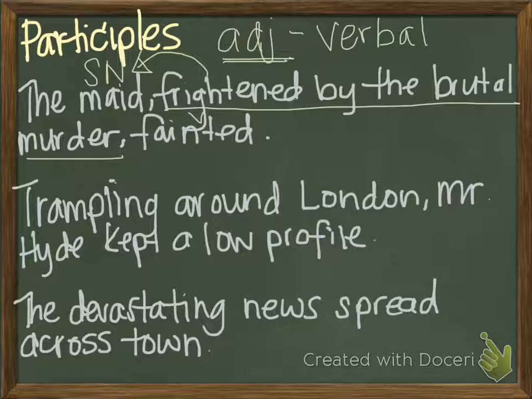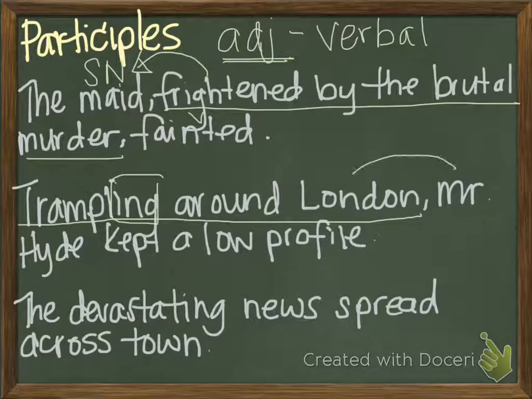Trampling around London, Mr. Hyde kept a low profile. Here you have a present participle that ends in ing. Trampling around London is describing Mr. Hyde, who is the subject of the sentence, while kept is the verb. The devastating news spread across town. Here you don't have a participle phrase, you simply have a participle that's describing, modifying news, the subject noun of the sentence.